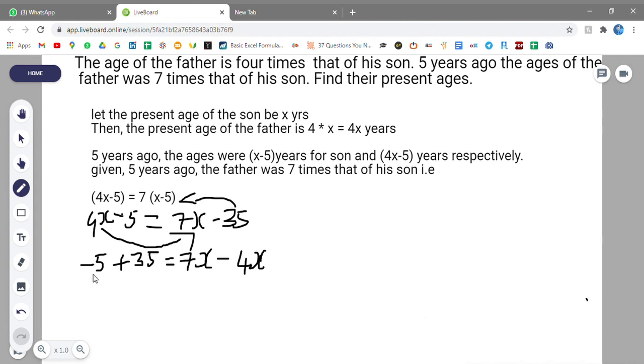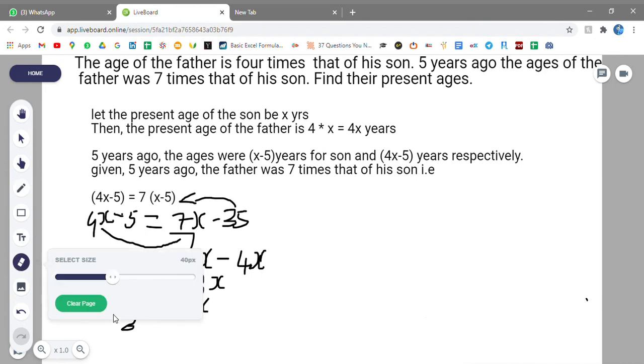Now 35 minus 5 gives me 30, is equal to 7x minus 4x, which gives me 3x. Next step, 30 divided by 3 is equal to x.